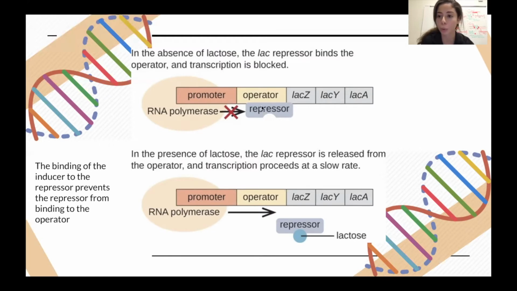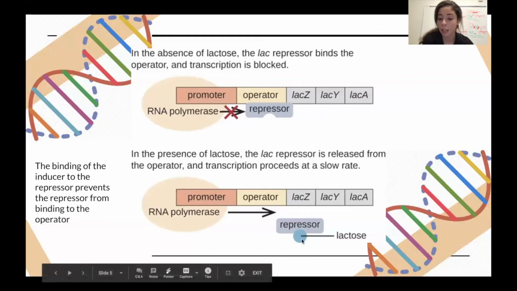So imagine the repressor as a roadblock in the way of transcription of the lac genes. In its normal state, the lac operon is an inducible system. Therefore, it's normally turned off. The repressor is blocking RNA polymerase from binding, but it has the opportunity to be turned on. So let's get into that opportunity.